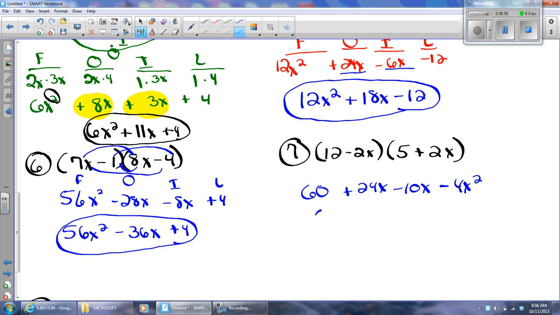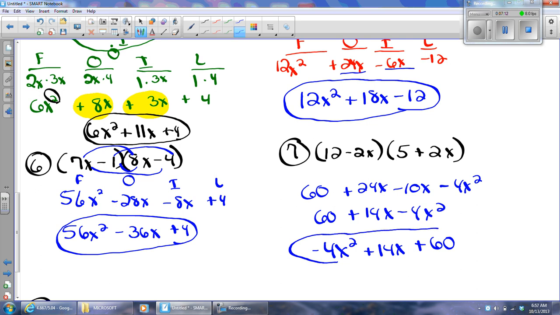All right, I'm going to get 60 plus 14x minus 4x squared. I like to write these in descending order. It looks better to me. It did not say to write them in descending order, so you don't have to, but it just looks more formal to me.